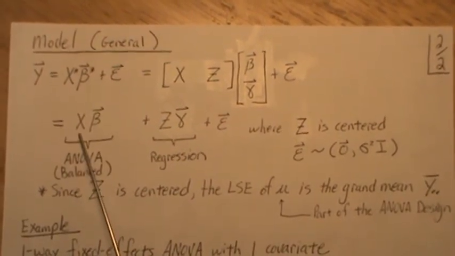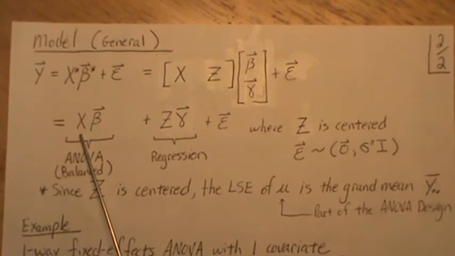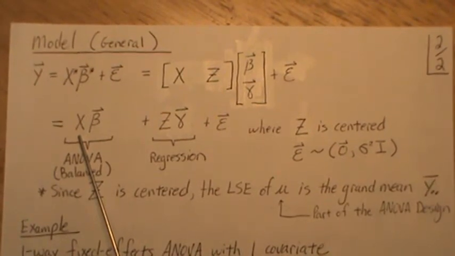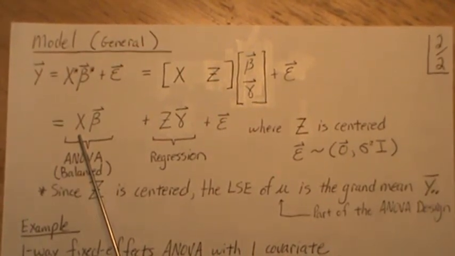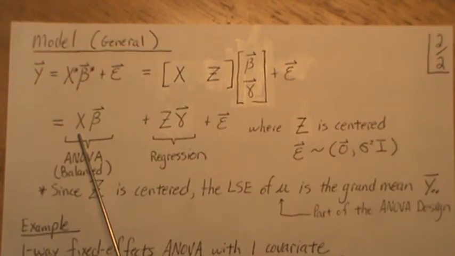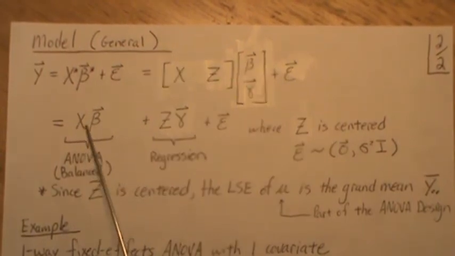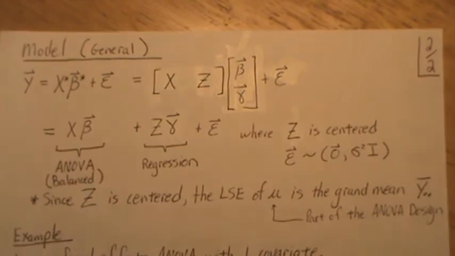So X can be the design matrix for a one-way fixed effects ANOVA, a two-factor analysis, a balanced randomized complete block design. I mean, X has a lot of possibilities.